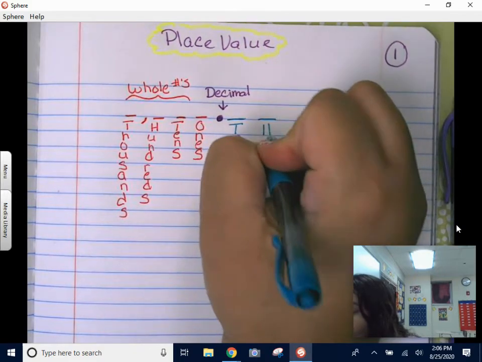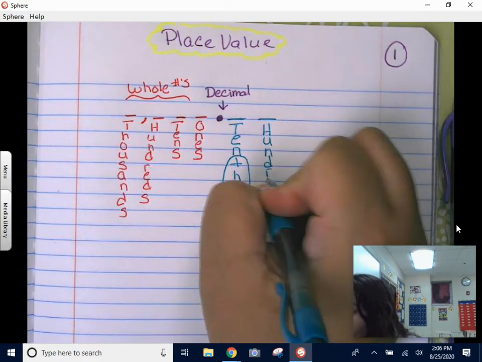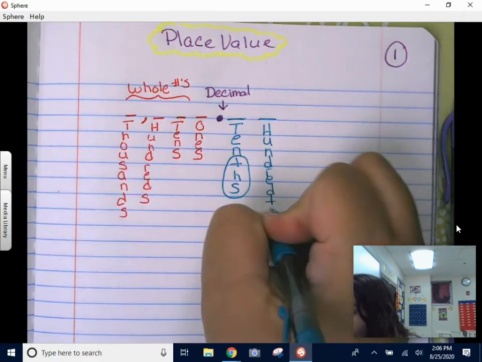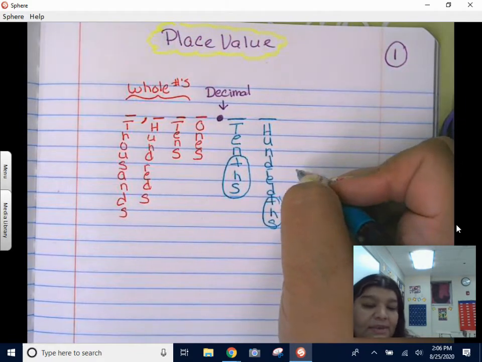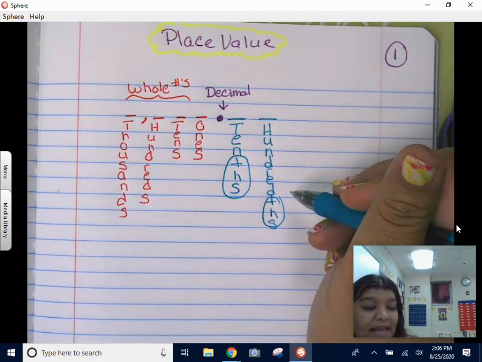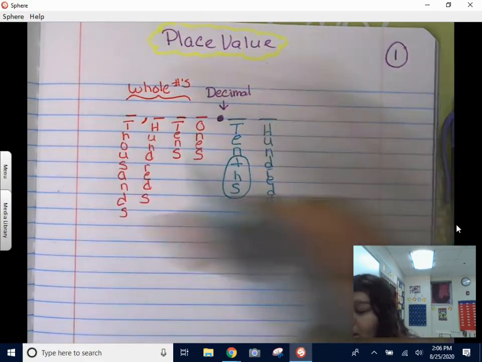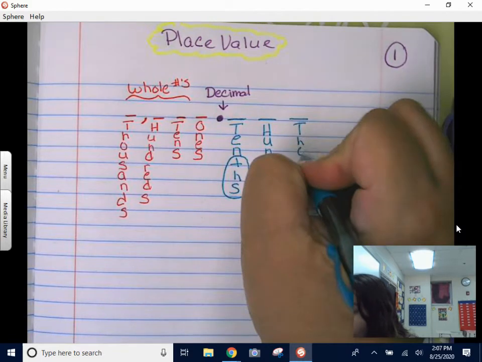It kind of sounds weird when you say it, because you're adding that THS sound. So we have the tenths, we have the hundredths, and what's next, if we follow the pattern? The thousandths. Good job, guys. Y'all are doing good.